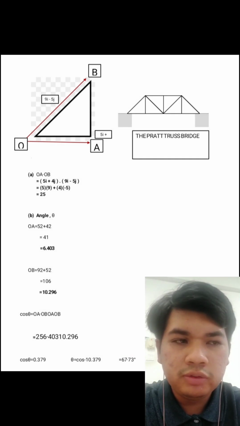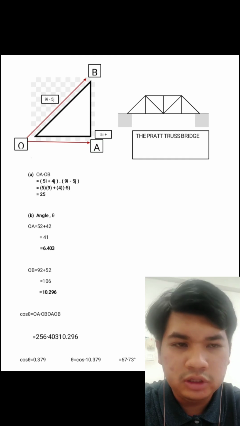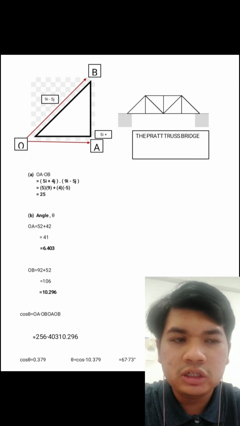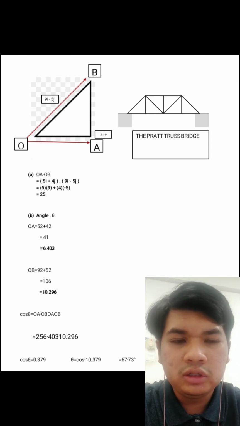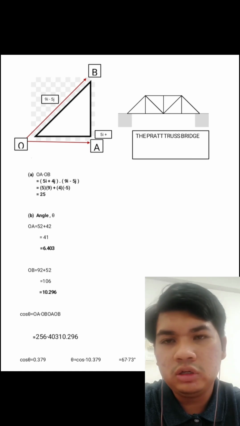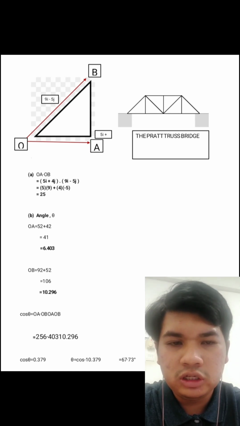The information we got from the problem statement is: vector OA is 5i plus 4j, vector OB is 9i minus 5j, and the angle of the bridge truss is angle OAB, theta. Firstly, we have to solve vector OA scalar dot vector OB to proceed to the next step.